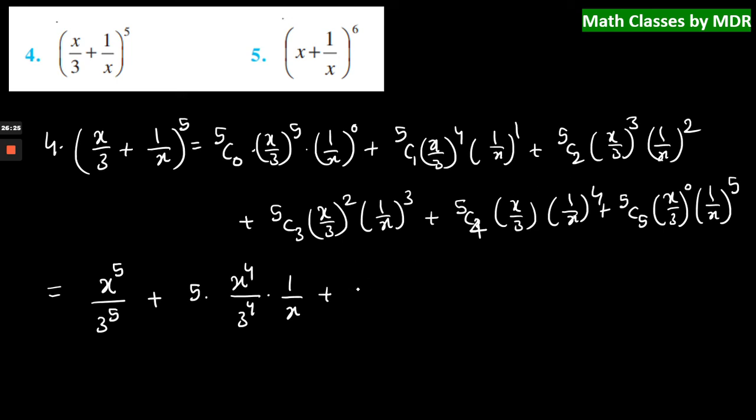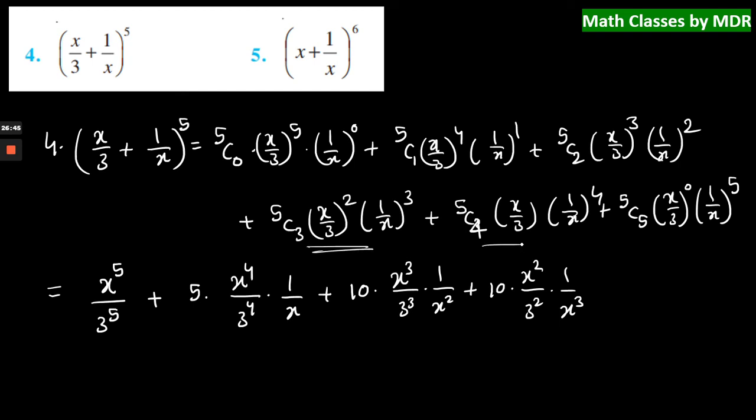That is nothing but 10 into x by 3 whole cube, that is x cube by 3 cube into 1 by x square. 5c3 is also equal to 10, x square by 3 square, 1 by x cube. This one 5c3, and this one 5c4. 5c4 is equal to 5c1, which is 5 into x by 3 into 1 by x to the power 4, and 5c5 is 1, x by 3 whole to the power 0 is 1, and 1 by x to the power 5. That's it, the problem is over.